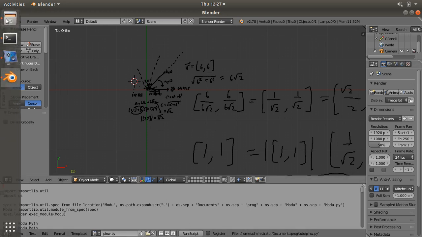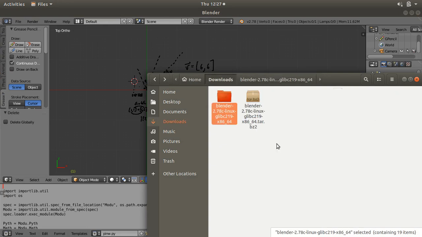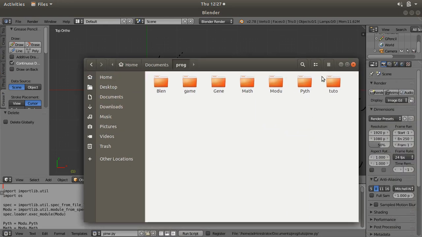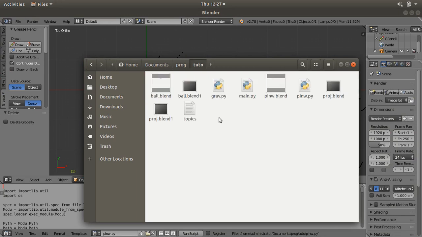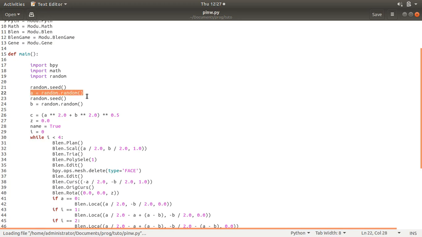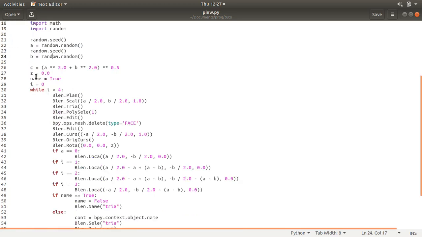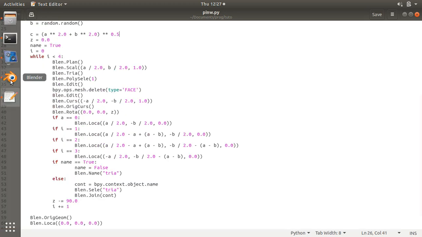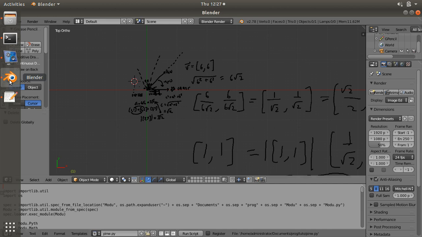So I'll show what this looks like. So I'm making 2 random legs, solving for C, then I'm positioning C so that it forms C squared.